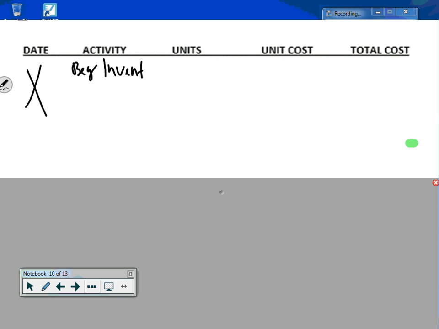Did they even tell you the unit cost? But they gave you the total cost. So what would the unit cost have been? Why did I tell you that? Because for FIFO and LIFO, it would matter. If it would help to do something like that, just to see where the numbers were.